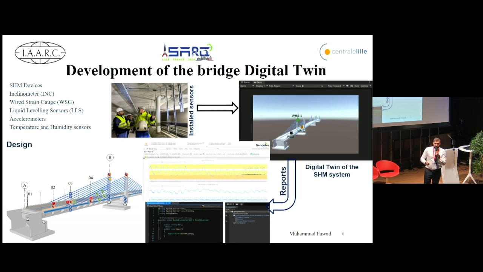Based on that processing, it evaluates the existing condition of the bridge and then sends this information back to the physical system, where we can visualize it and perform predictive maintenance, and decision making can also be done. So in this way, our digital twin helps to monitor the existing conditions of the bridge.